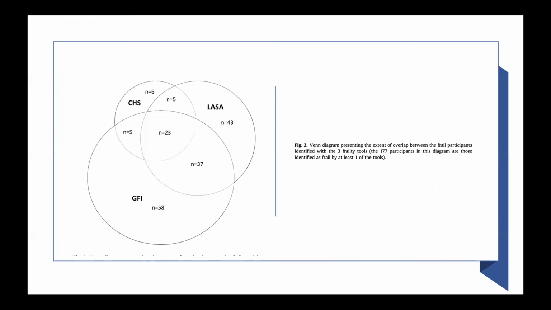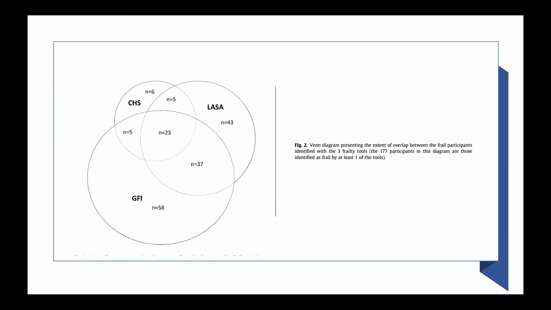So what they found, this Venn diagram demonstrates. Of the 177 participants who were defined with frailty by any tool, when they looked at the overlap of these tools, only 23, or 13%, were frail by all three tools.